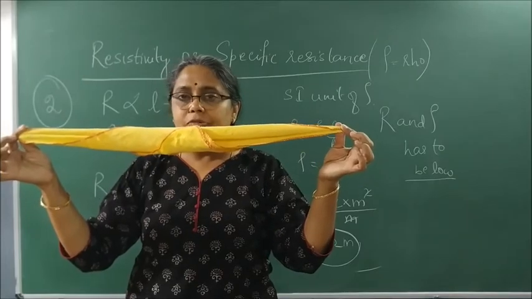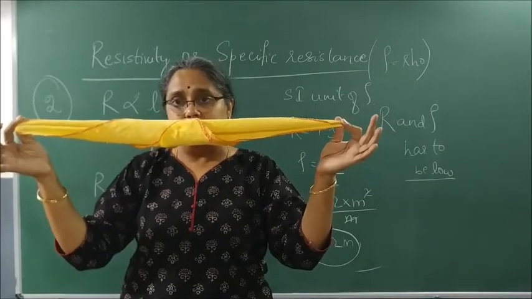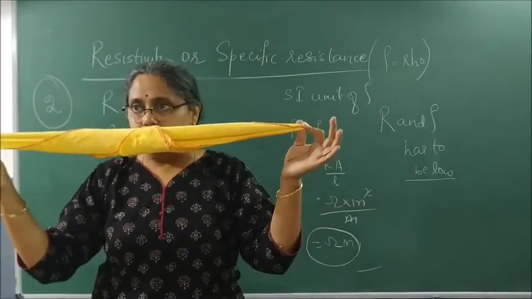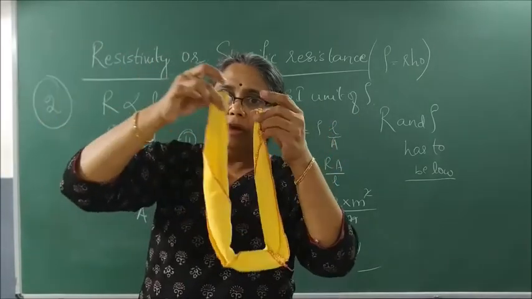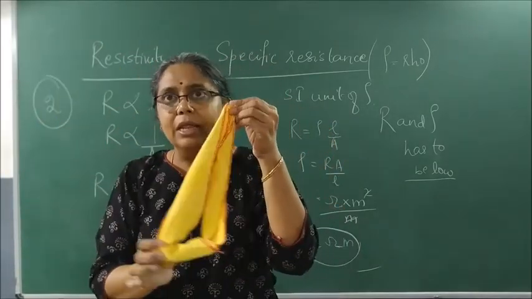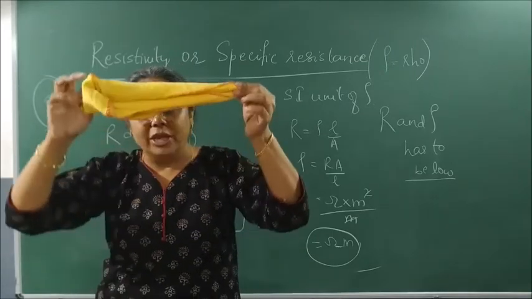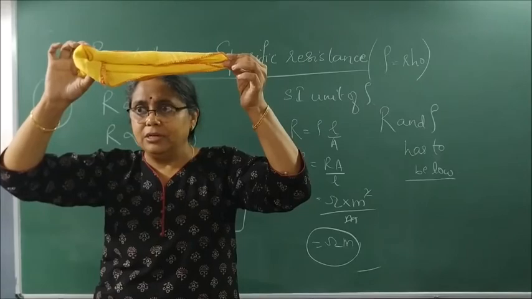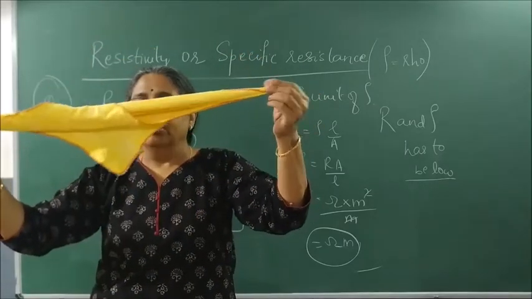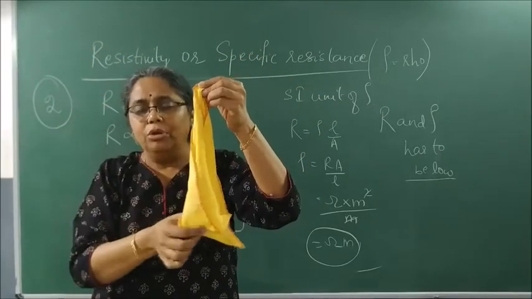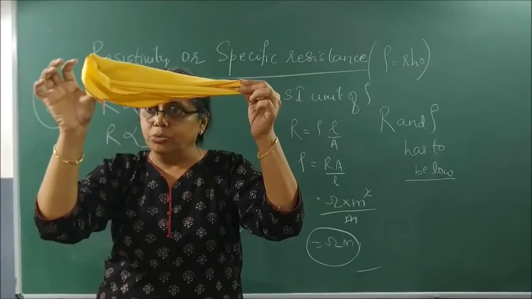Earlier, suppose its length was L and area of cross section was A. When I fold the wire, the length will become L by 2 and the area will become 2A.